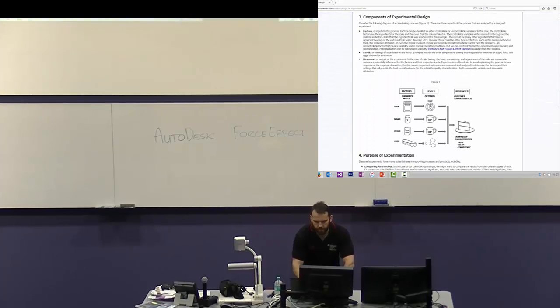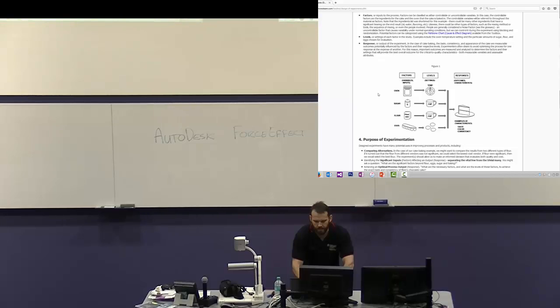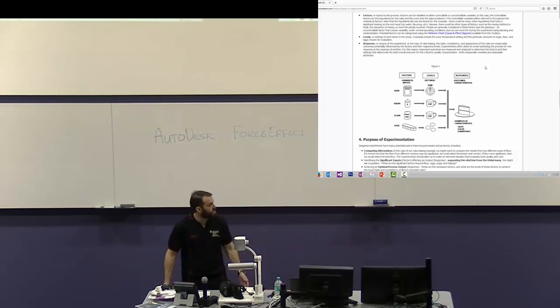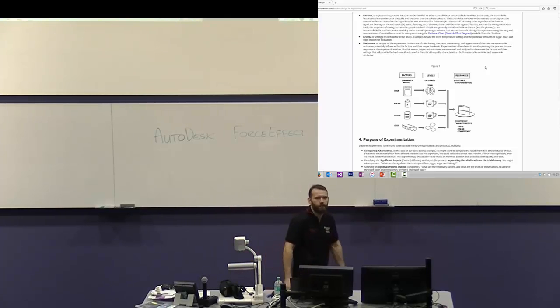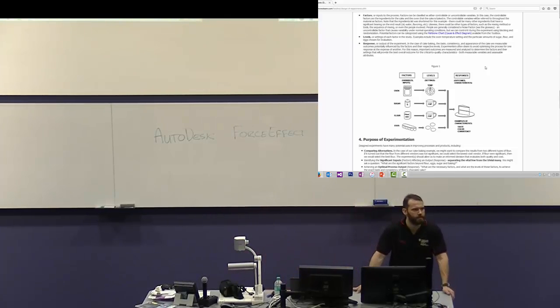But the major important part is this idea of factors, levels, and responses. They've just got a cooking example there where the factors are you've got an oven and some ingredients. The levels are how hot is the oven, how much of each ingredient do you use, and then the response or the result is, hey, we've got a great cake, or hey, this tastes like garbage. All right, you get it wrong and it'll taste bad.